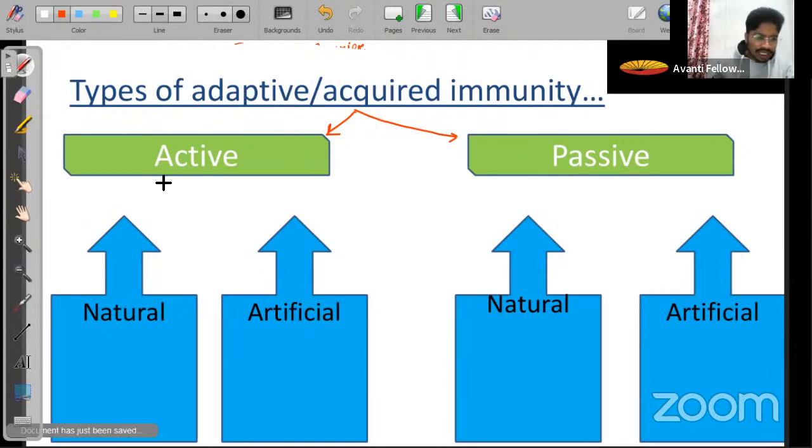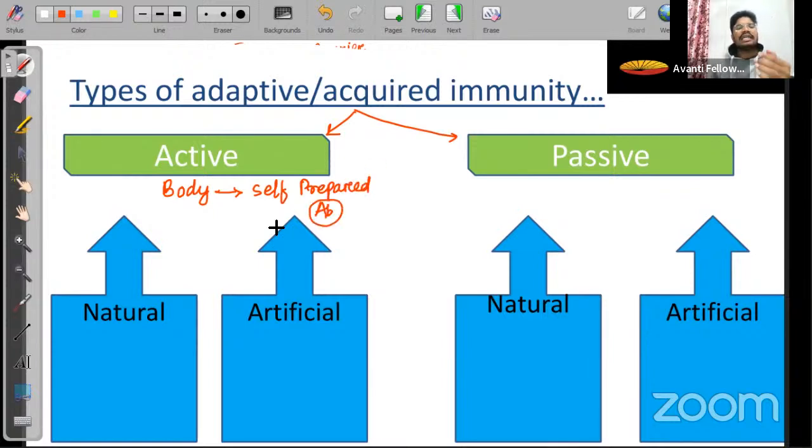So when our body is getting affected by a disease and then the body will be preparing the antibody, self-prepared antibody, self-prepared antibody जब बनेगा तो उसको कहा जाएगा एक्टिव इम्यूनिटी. अपना बॉडी खुद से प्रिपेयर करेगा एंटीबॉडी, दैट इज एक्टिव इम्यूनिटी, राइट.